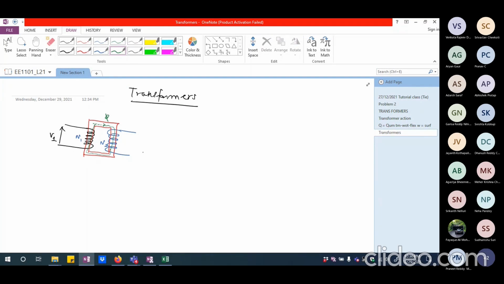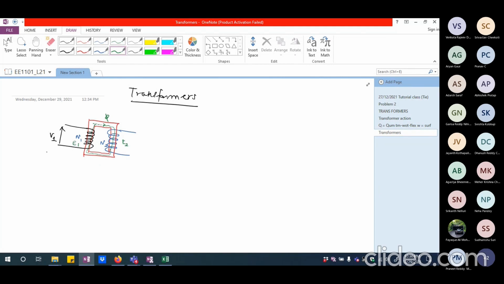So we are going to have the secondary winding completely linking with the common flux that is existing between the primary and secondary, which is also the mutual flux existing in the core. Because of that, I'm going to have an induced EMF E2 here, but simultaneously an induced EMF E1 here, which will almost balance with that of V1.